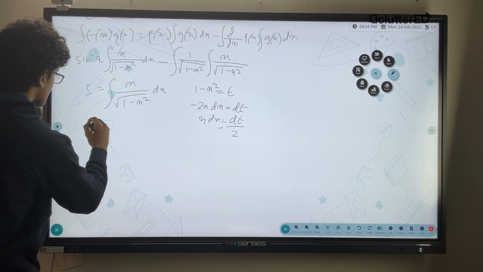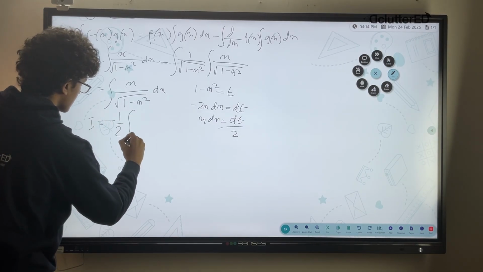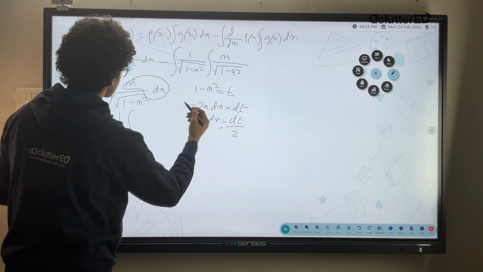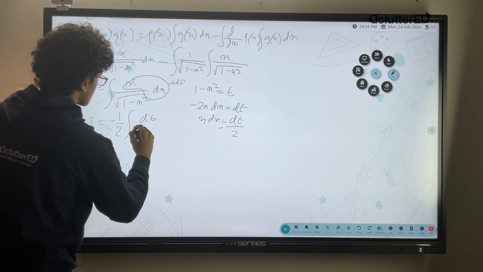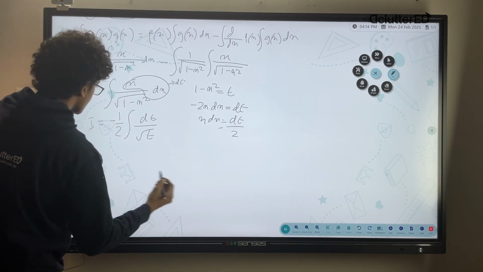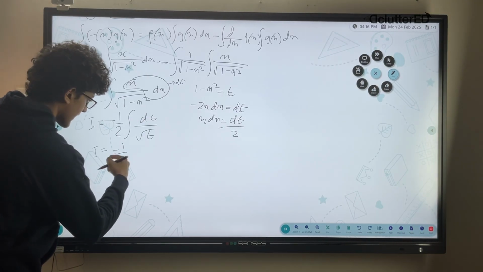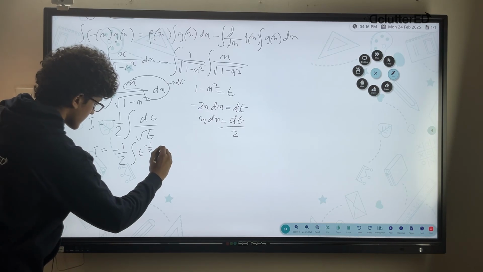So you can write this as I equals negative 1 by 2 integral, and this I have found to be my dt. So I can simply write this as dt by under root t. We get I equals negative 1 by 2 integral t to the power negative 1 by 2 dt.